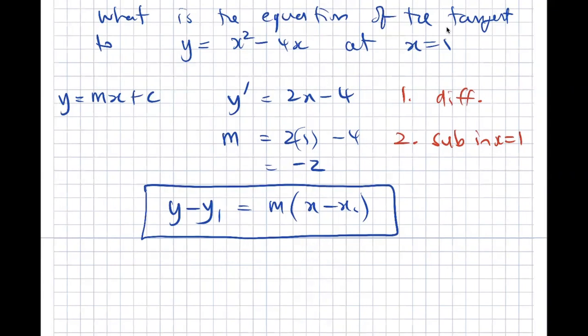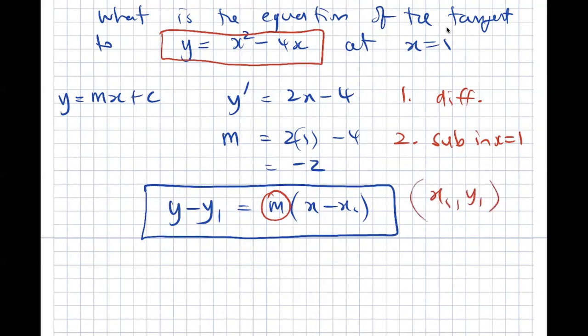Right, now I need it at x equals 1. So a little bit trickier is that I need to work out what is y at x equals 1. Okay, but I have to go back to my original equation, which is this one over here. All right, so remember, I need a point. And what is y when x is equal to 1? Okay, so m I've got, done that, but I need x1, y1.